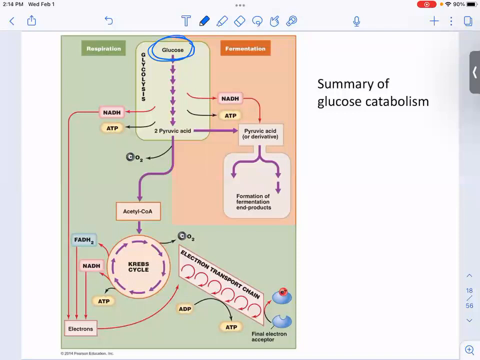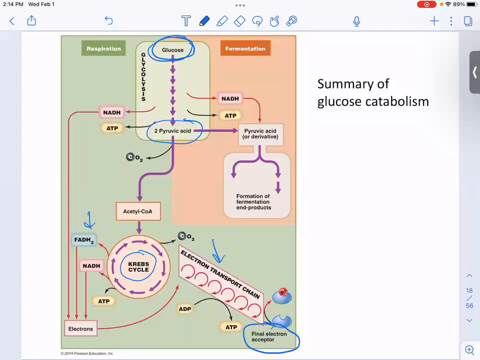We end up with a couple of pyruvic acids, and those, with a little transition step, get fed into the Krebs cycle. You can see places where there are electrons coming off as NADHs, and some FADHs coming off the Krebs cycle, and spots where ATP is produced. But those electrons come off both glycolysis and the Krebs cycle and get fed into some kind of electron transport chain where we have some final electron acceptor.